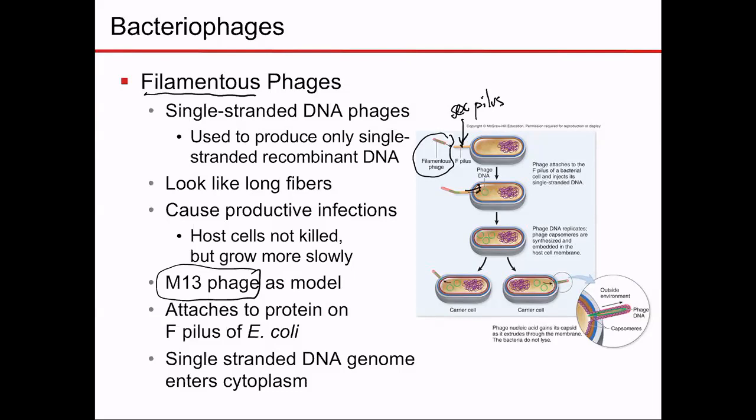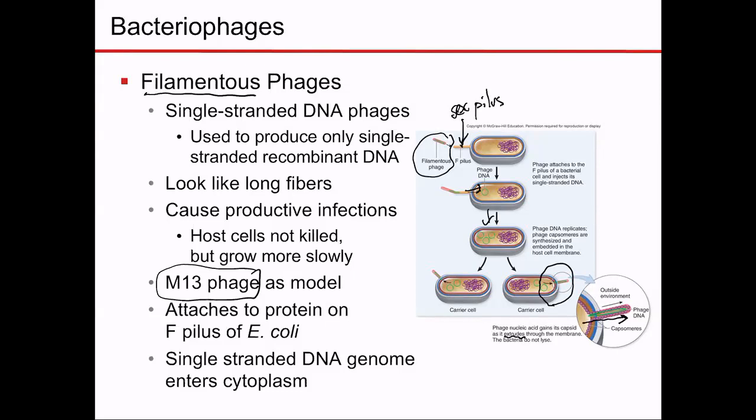The viruses start to replicate in that cell, start to assemble new viral particles, and the assembly of new viral particles will happen at the cell membrane and cell wall. And now the new viral particles will be extruded through the membrane in a way that the cell will not be destroyed.